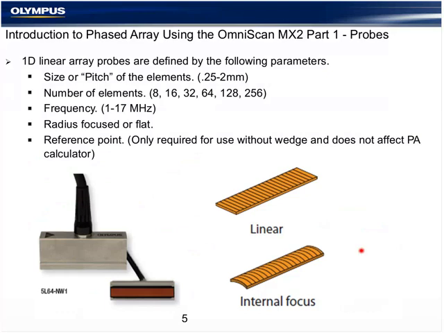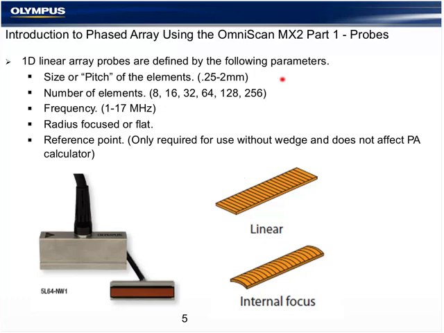So a 1D linear array is defined by the following parameters. What does the calculator or instrument need to drive this probe and give us what we want? The pitch, or size of the element, is known, and the majority of weld type probes that we use have a pitch somewhere between about 1/2 millimeter to 1 millimeter.